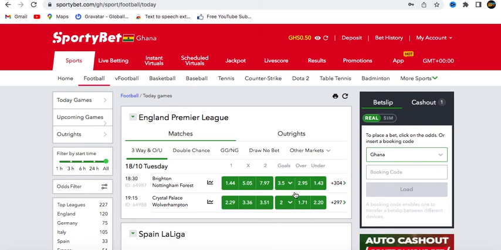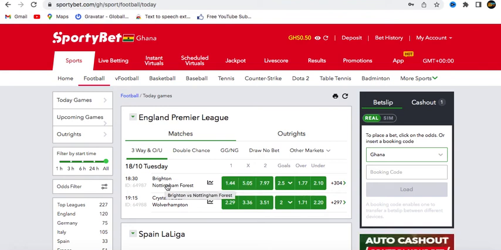Over 3.5 goals is having 2.95 odds, that means it is hardly going to happen at the end of the day. So let's go for over 2.5. Over 2.5 goals is having 1.77 odds. That means it is a perfectly high percentage to happen.